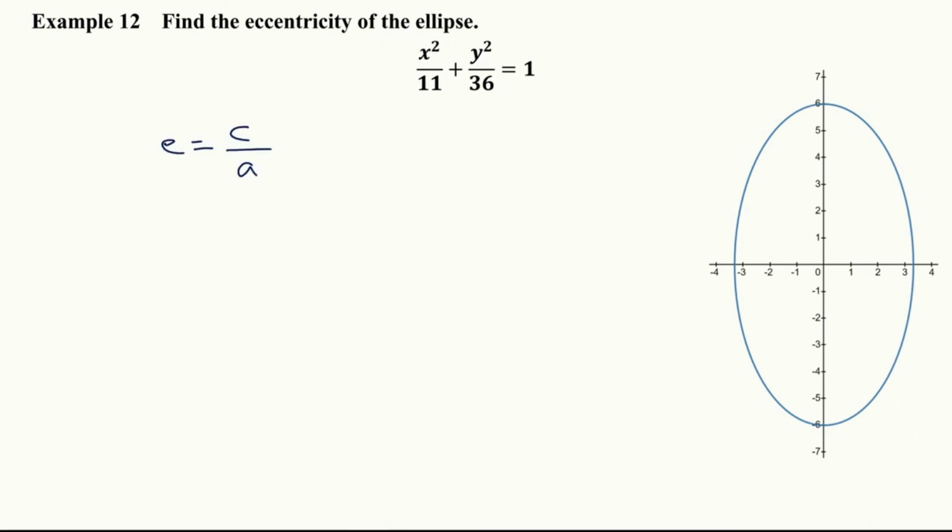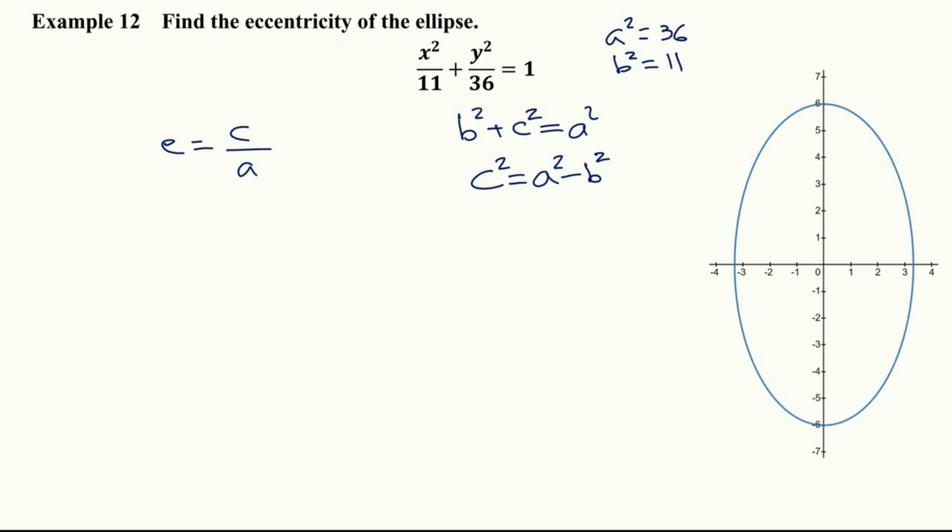Now we can calculate c because we know that b squared plus c squared equals a squared. So c squared equals a squared minus b squared, and of course we know that the larger one is going to be a squared, so a squared equals 36 and b squared equals 11.